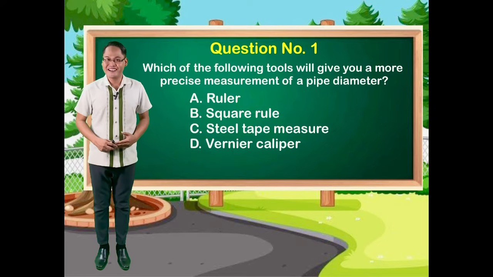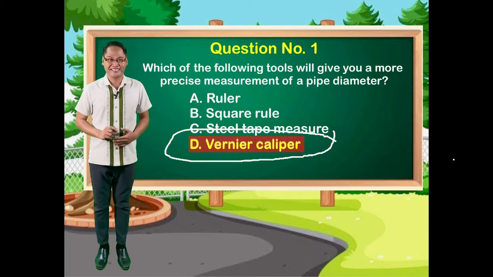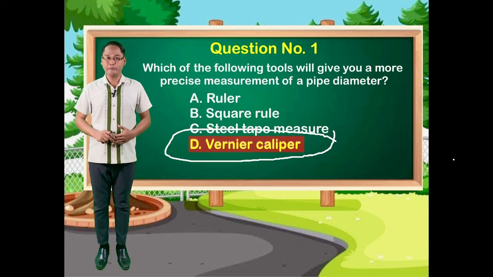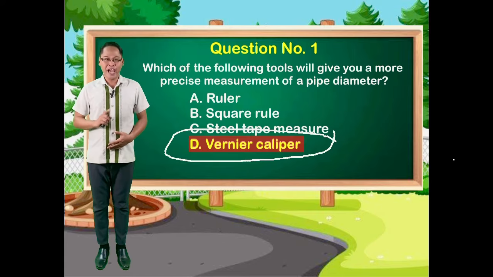What is your answer? If your answer is letter D, you got it right! A vernier caliper is a more accurate measuring device that can measure inner and outer pipe diameter, which no other measuring device can do.